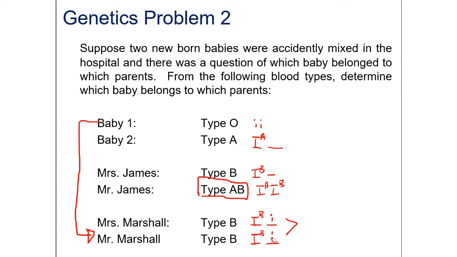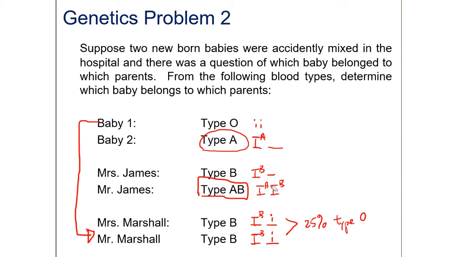If you do the Punnett square, go ahead and try that yourself. There is a 25% chance that they are going to be able to have a type O baby. So it is definitely possible for them to have baby 1 as their child. And so baby number 2, who is type A, is going to be from the James.